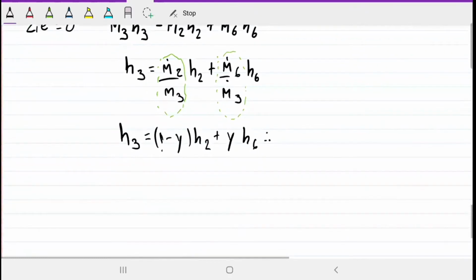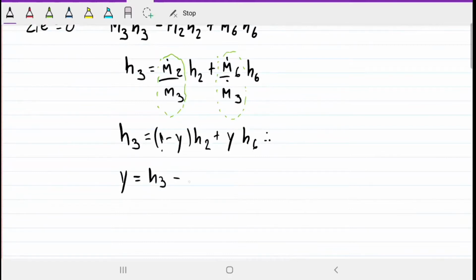Therefore, y is just going to be H3 minus H2 over H6 minus H2. It's exactly the same process, the interpolation process, that we do when finding the quality, right? So we have all these values, we can solve for this, and this ends up being 14.62%.